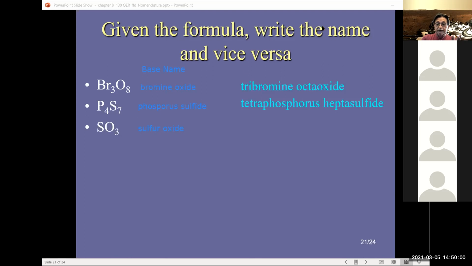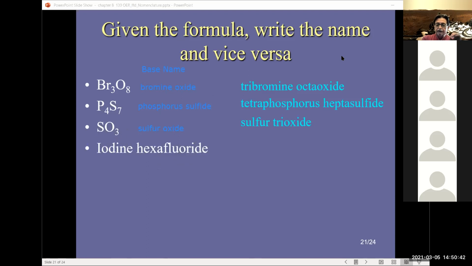Oh, misspelled it. Okay, and now sulfur oxide, and then go back and add the prefixes, and you end up with sulfur trioxide. Okay. Nasty smelling gas. Some cars, some vehicles have this as an exhaust. So you ever get behind it, you smell like a rotten egg. It smells like a rotten egg smell. That's what you're smelling. Okay.